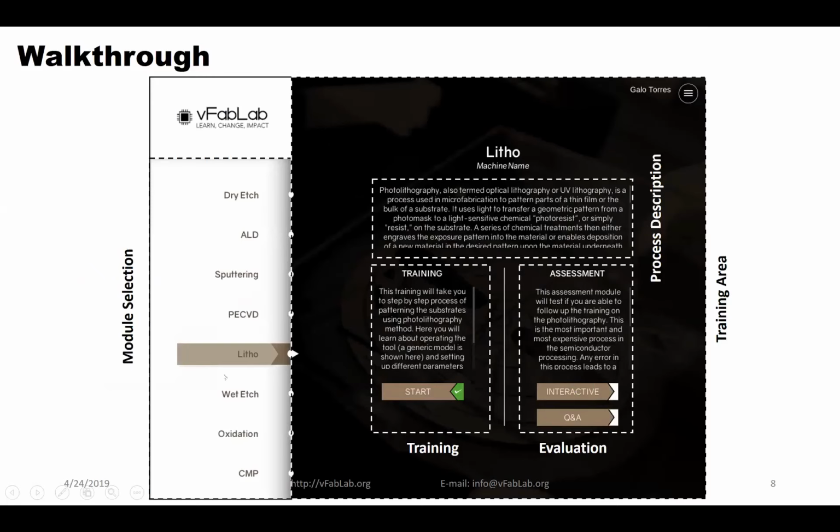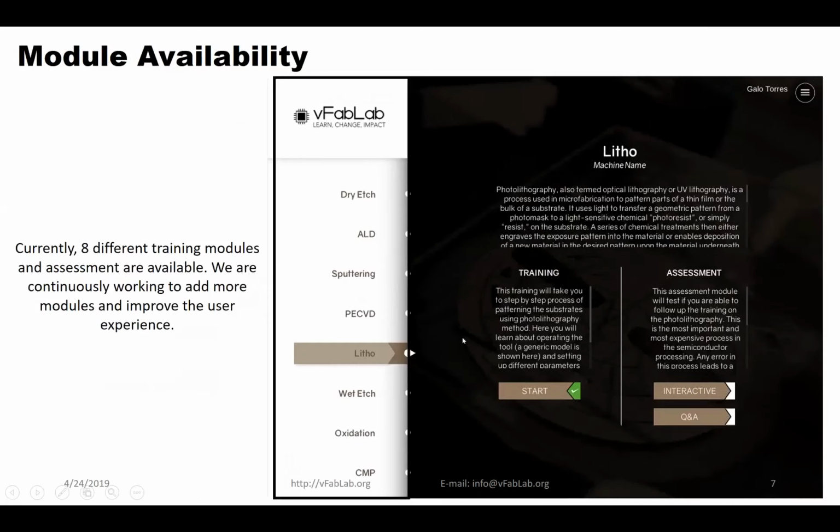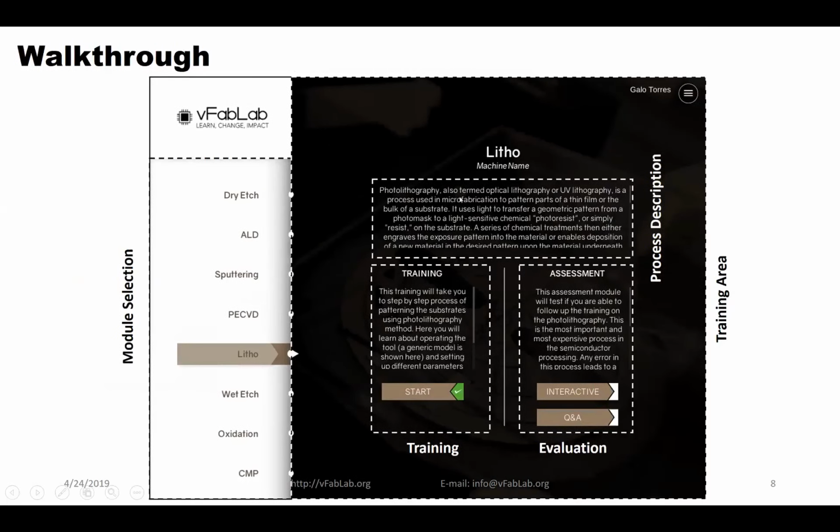Whenever you click lithography, this specific template will be available, which shows the lithography machine name, a brief definition of the process itself, which is the process description, and the training, what you are expecting through this training. And there is also an assessment module.